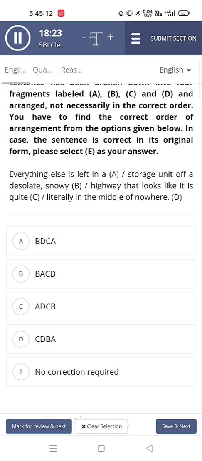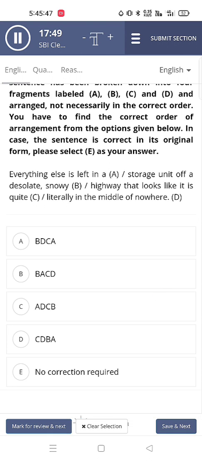Everything else, okay. Option A, storage unit of a desolate snowy, literally, no. B, then B option, storage unit of a desolate snowy, everything else, no. A, C option, sorry, everything else is left in a literally in the middle of nowhere, no. Then C, highway that looks like it is quite literally in the middle of nowhere, storage unit of a desolate snowy, everything else is left in a.